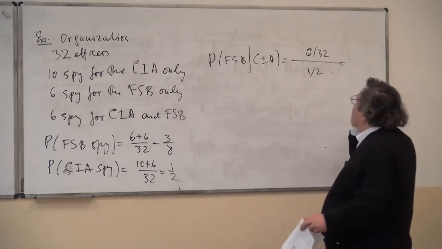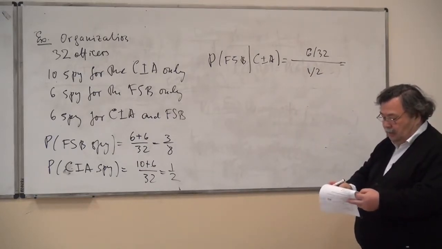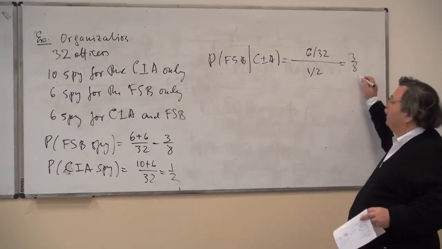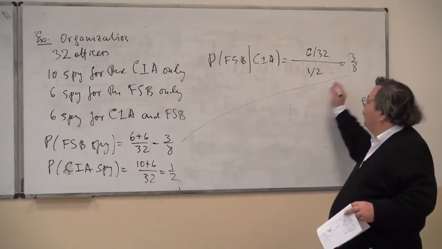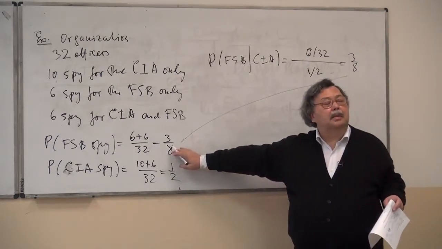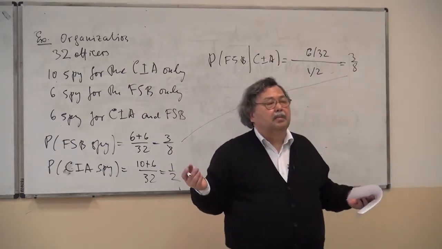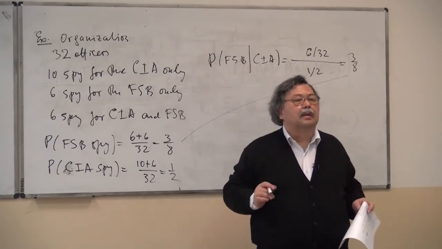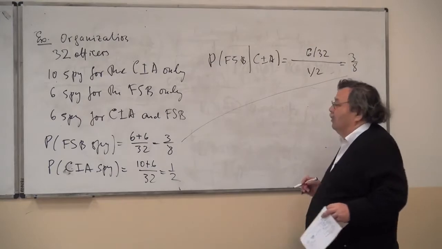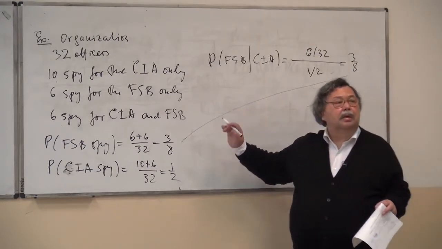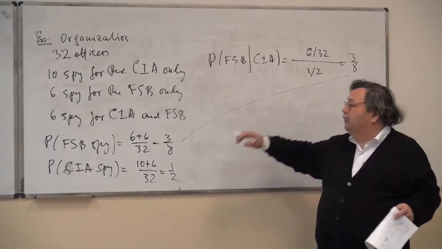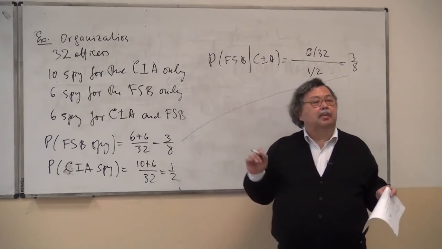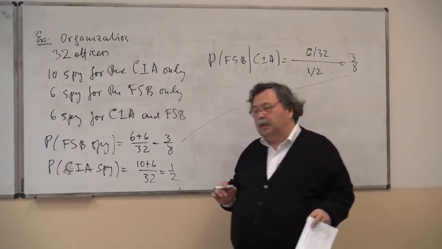This simplifies to 3/8, which, look at this, is the same as the probability of selecting an FSB spy unconditionally. So these two events are independent. And of course, you can arrive at the same conclusion if you divide 6 by 32 and compare it with the product of the two respective probabilities.